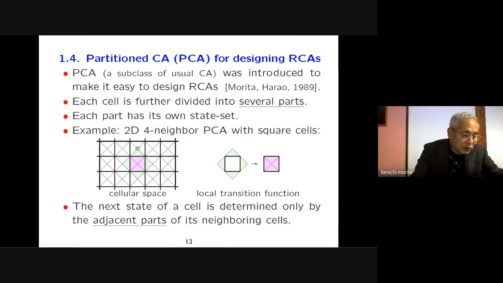For example, this is a two-dimensional four-neighbor PCA with square cells. In this case, each square cell is divided into four parts, like this. And the next state of a cell is determined only by the adjacent parts of its neighboring cells, like described in this figure.